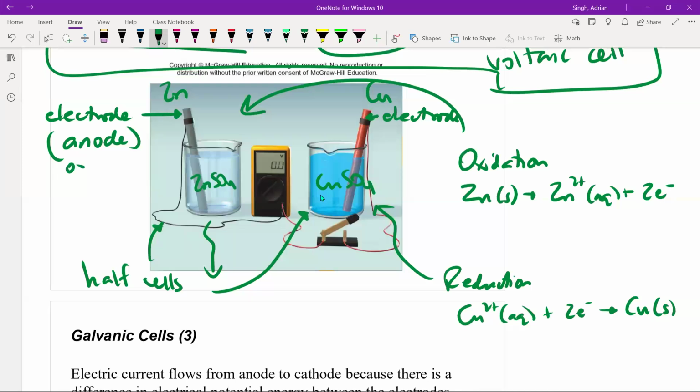So oxidation occurs at the anode, which then means that reduction would occur at the other electrode, and we call that electrode the cathode. Okay, so oxidation at the anode, reduction at the cathode. So we have our galvanic cell, or voltaic cell, that we use.